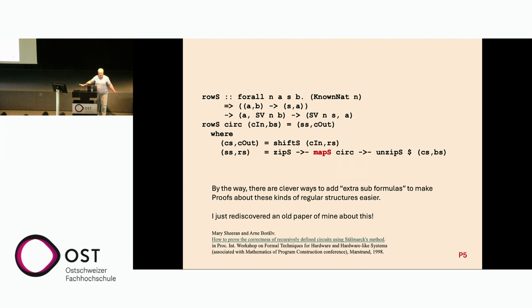Nobody ever read it. But it tells you how to add additional subformulas to proofs. It was using Stålmarck's prover plus some arithmetic to enable you to prove properties of linear arrays of various kinds, including, for example, multipliers, which are hard to prove. So that's cool. So that's rho S.